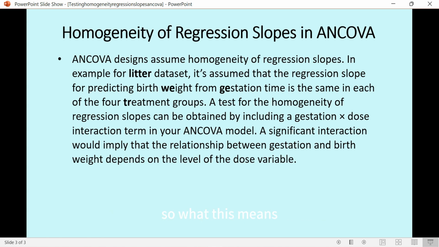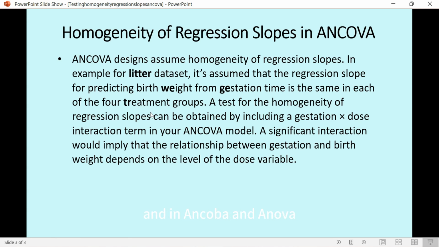What does this mean? For example, in a data set called litter, which is a data frame, we have several variables called weight, gestation, and treatment. Weight is a continuous variable, the dependent variable we measure, and treatment is a categorical factor variable for different treatments.